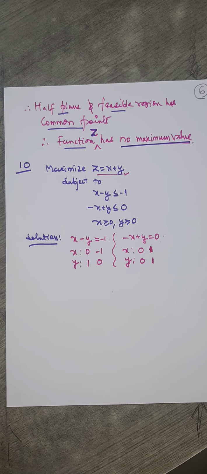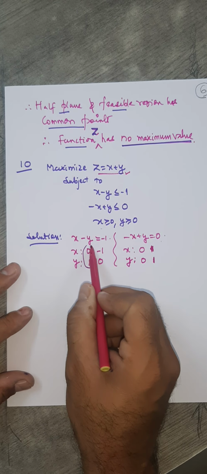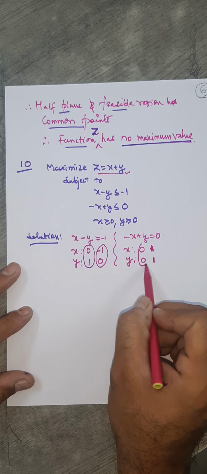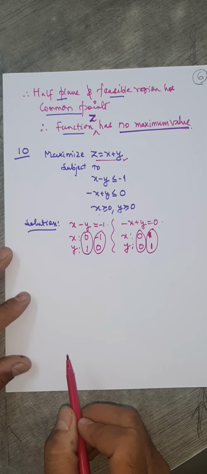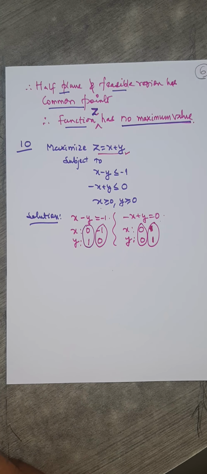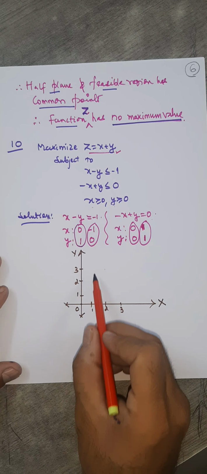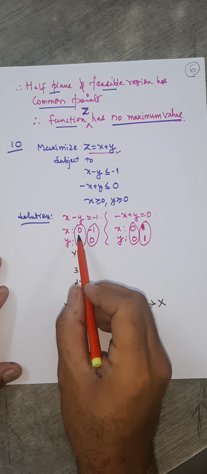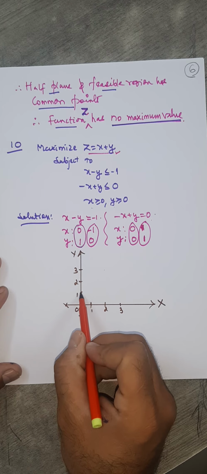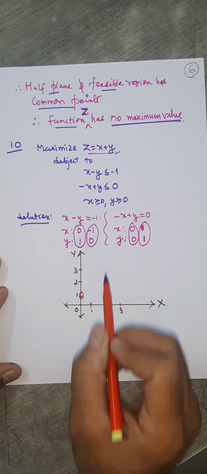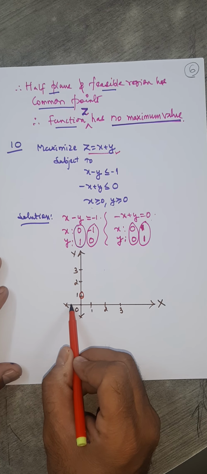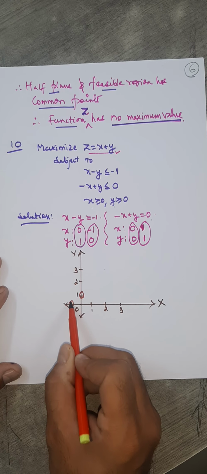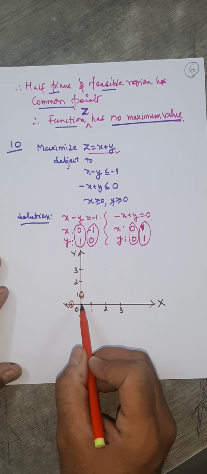So we represent this in the Cartesian plane and see what the feasible region is. In the first quadrant, if x is 0, y is 1, so this point, and -1, 0 is somewhere here.